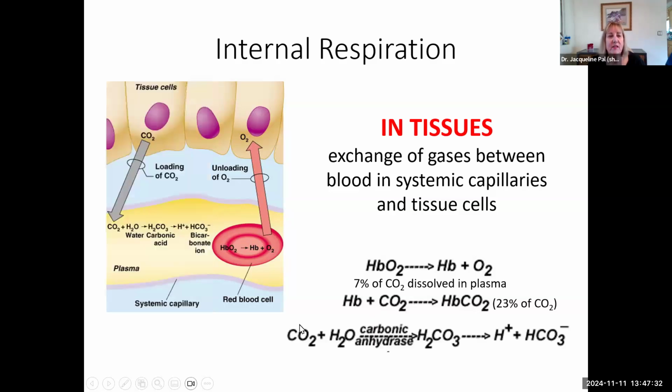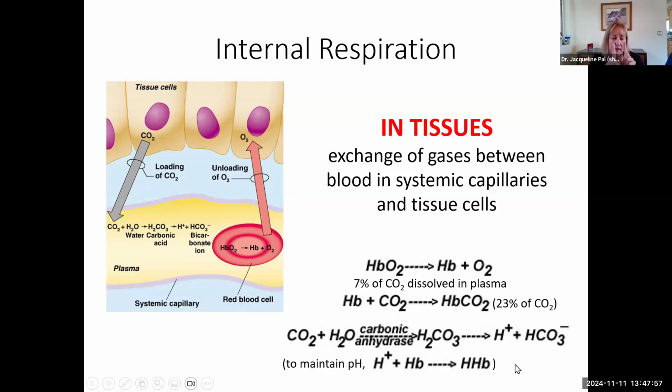And then 70% of carbon dioxide is going to react with water to form carbonic acid, which will then dissociate into a hydrogen ion and a bicarbonate ion. And then as part of the buffer system, the hydrogen ions will bind with hemoglobin to maintain our pH.